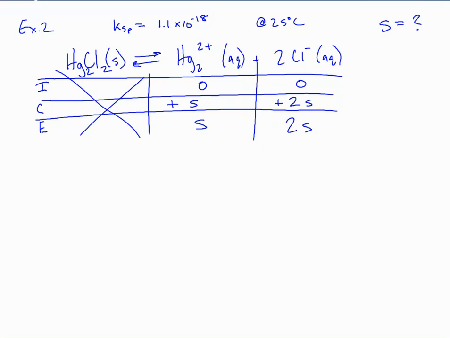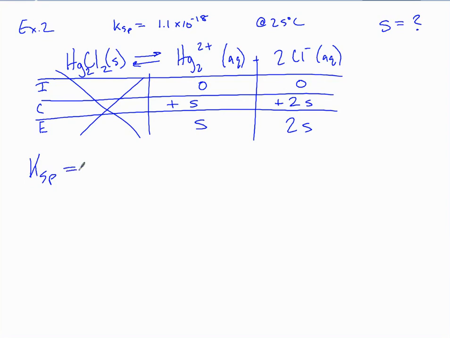In order to find S, we have to plug it into some sort of an equation, KSP expression. So we need to write the equilibrium expression for this KSP. And it's going to be in terms of concentration and brackets.